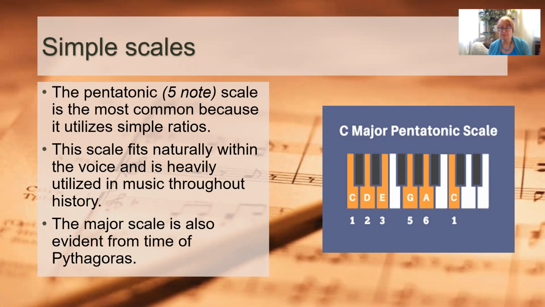And this is the formula for a pentatonic scale: major second, major second, minor third, major second, minor third. They have evidence that this scale has been in existence from as far back as they can determine.